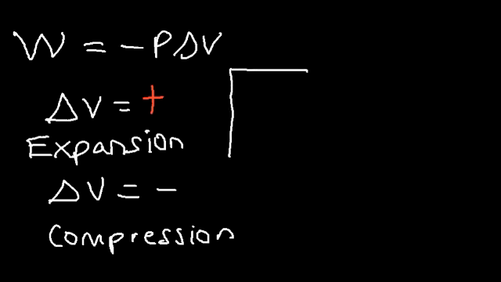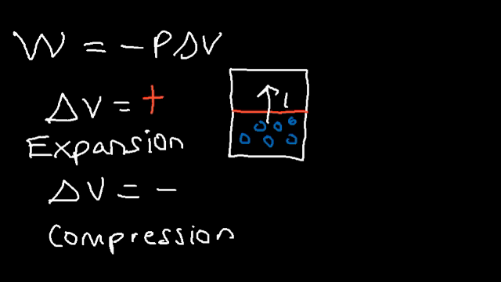Let's say we have a movable piston and let's say there's a few gas particles inside. Now, when the gas expands, it's going to apply an upward force that's going to basically push or move the piston upward.